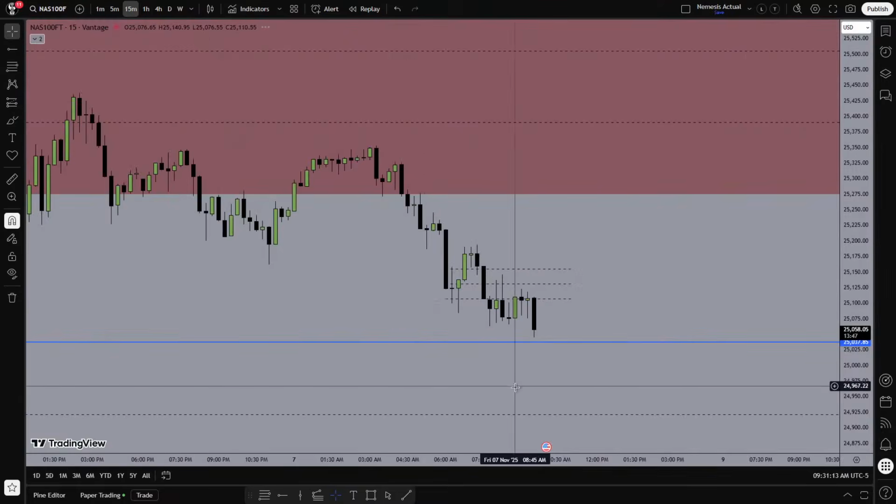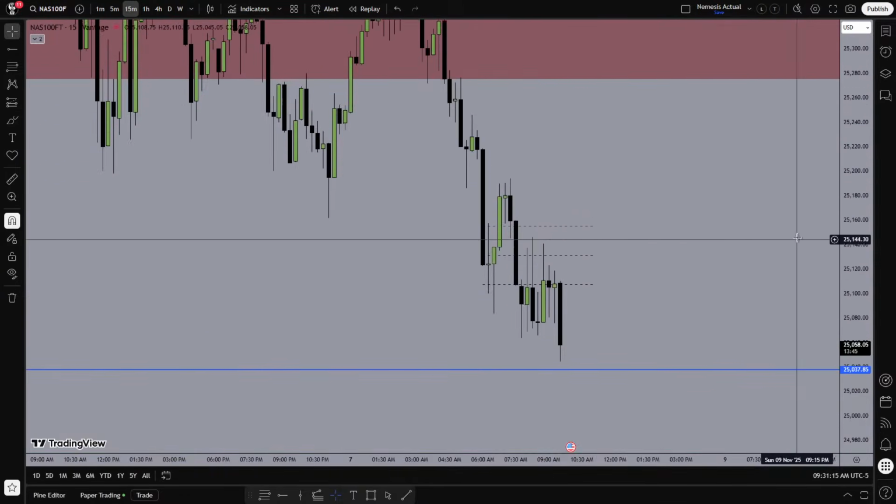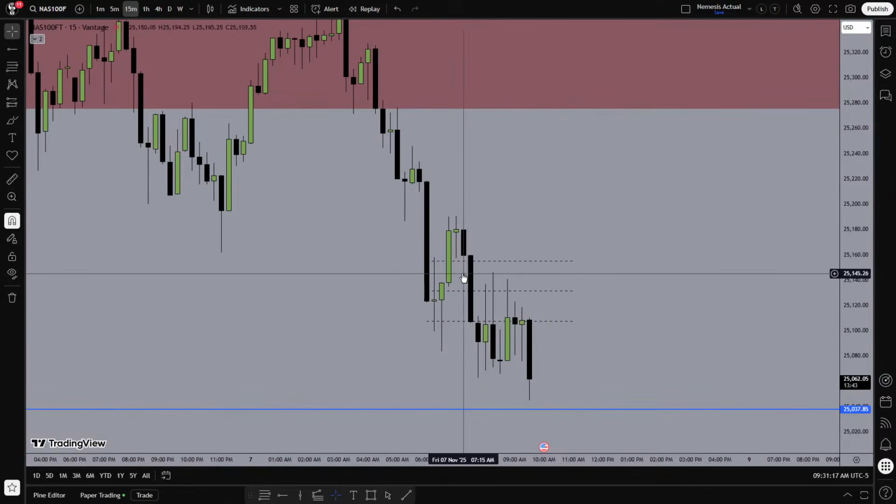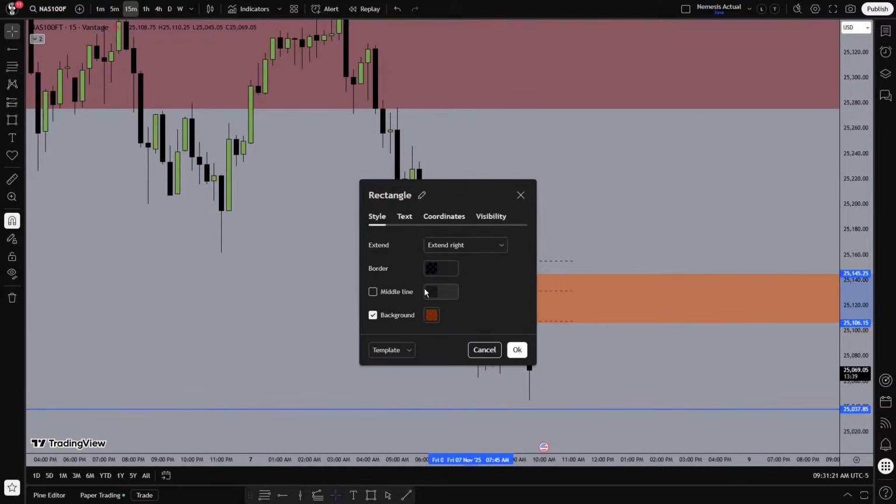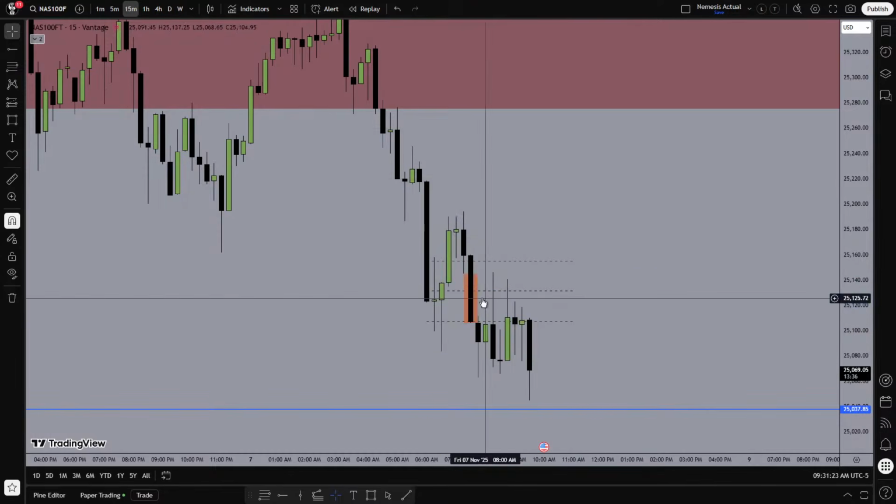On the 15, there's this SIBI here. And in terms of the session liquidity, there's nothing much to talk about. It's a very large opening range gap.